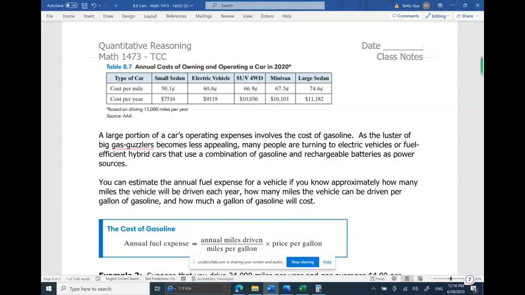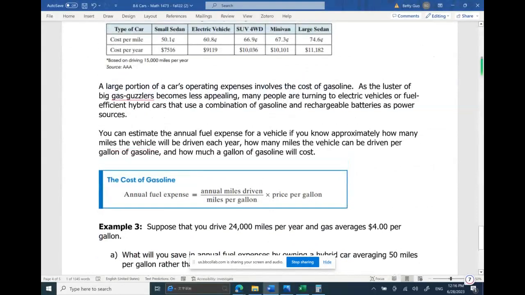Mine is a hybrid. I like my hybrid a lot. It's very good mileage. And the cost of gasoline: annual fuel expense is annual miles driven divided by miles per gallon, and then multiplied by price per gallon.